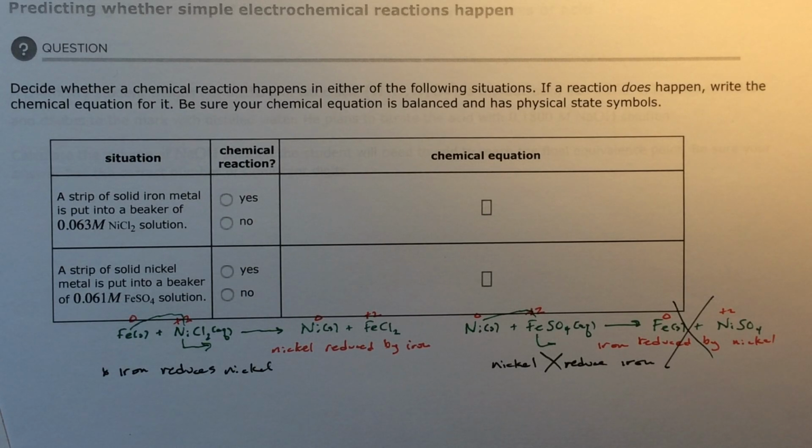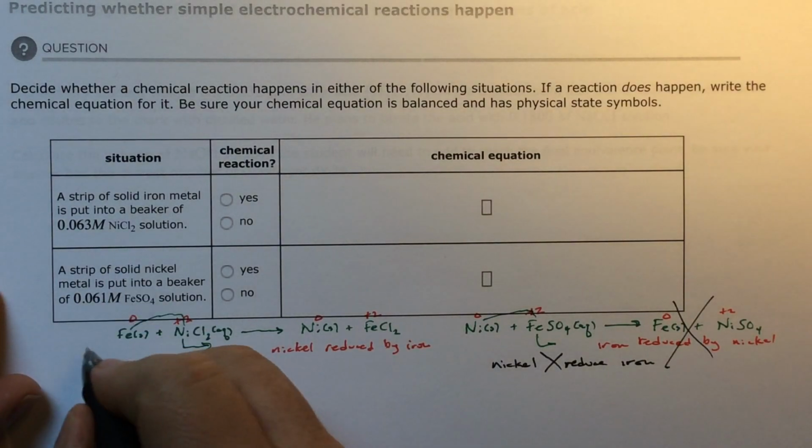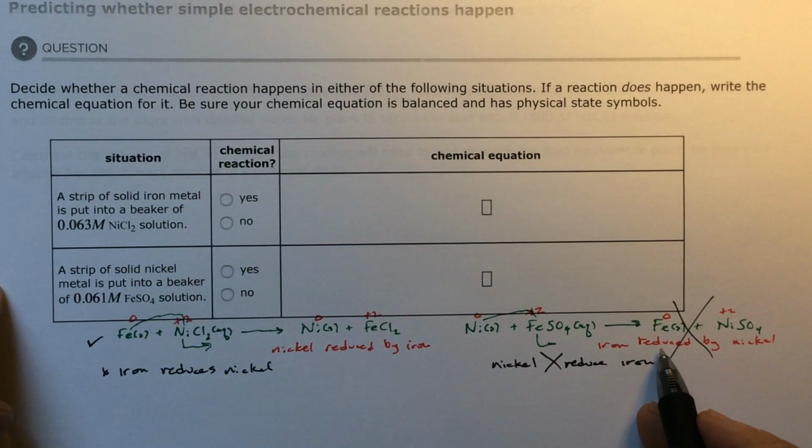The nickel would come out of solution and plate the iron. I would have nickel plated iron. Okay, so that means one of these can happen. This can happen. This can't happen.